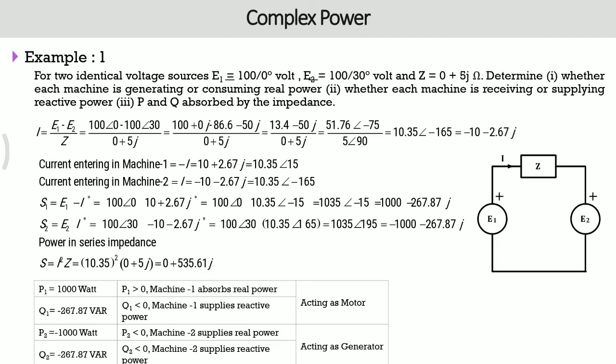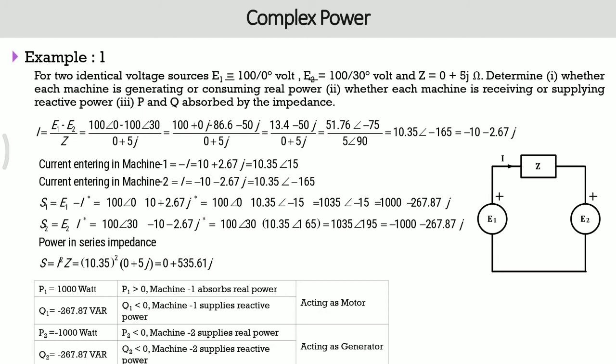So two parts. The positive real part is 1000 watt, and this is our active power. Here we got the active power positive, so machine 1 absorbs the real power. Whenever the power is positive, it means that it is absorbing power.